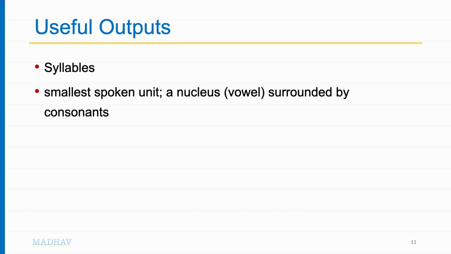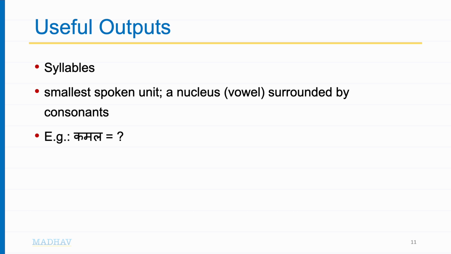Like if I ask you to say ka or car, you can say it. But ka is ka plus a; remove the a part and only say k, you can't do that. That sound is not possible to speak. So syllables are the smallest units which can be spoken comfortably. So that's the meaning of syllables.